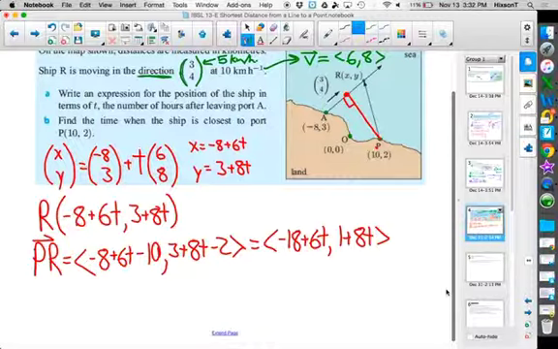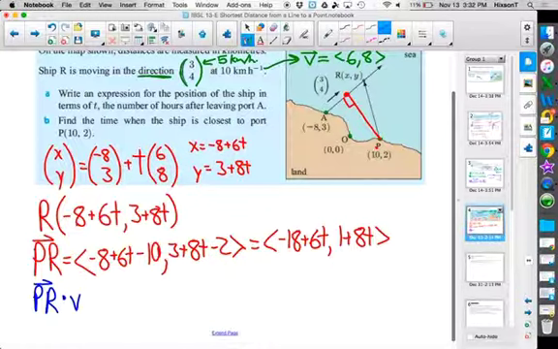All right. So what is our next step? Good, dot product. And Alina, what does the dot product need to equal? 0. Good. So we're going to do the dot product with PR and with that velocity. See why it's important to get that velocity vector? Okay, 6, 8.